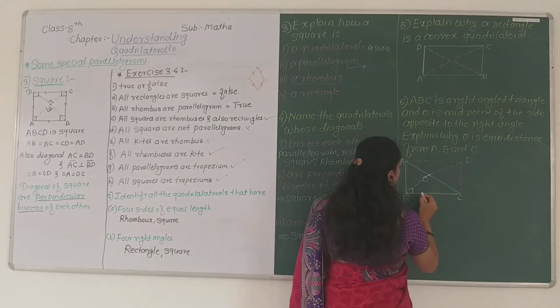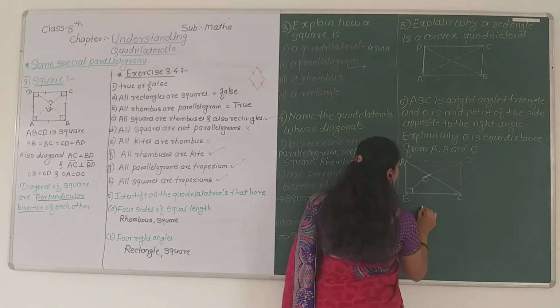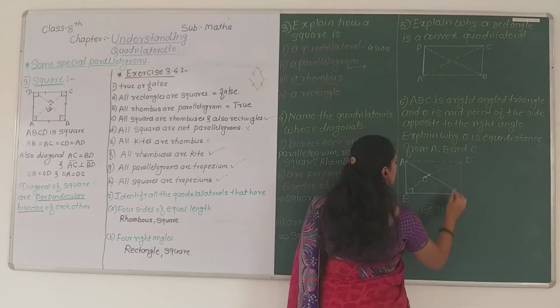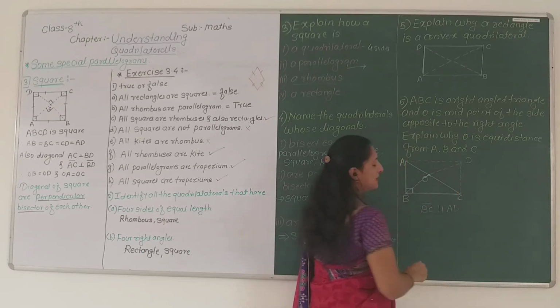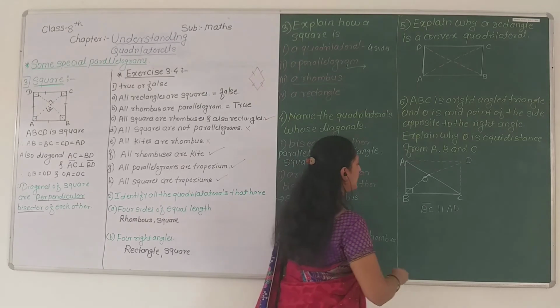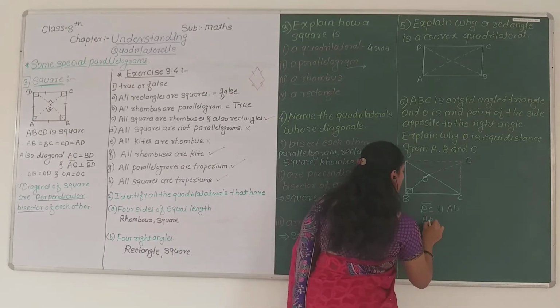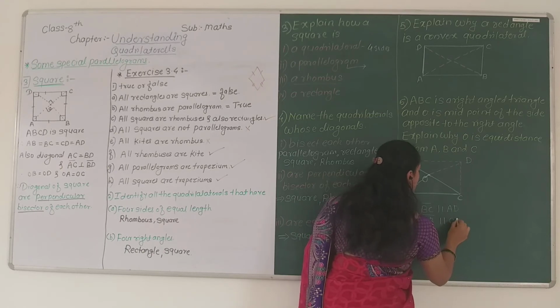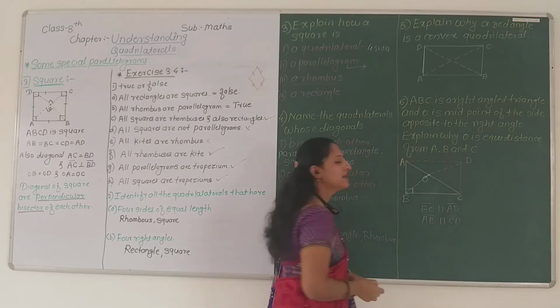So here BC bar is parallel to AB bar, right? Also AB bar is parallel to CD bar, right?